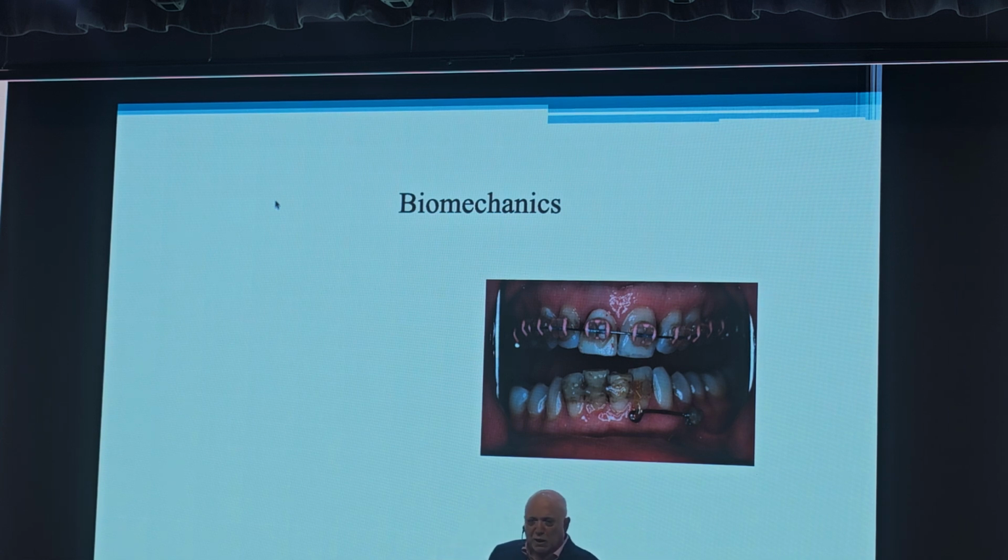piece of wire. At one time Dr. Burstone was working with these polymer wires because we were going to get away from these stainless steel wires and all that, and we were going to use these polymer wires, but the problem was that we could never get enough elasticity.